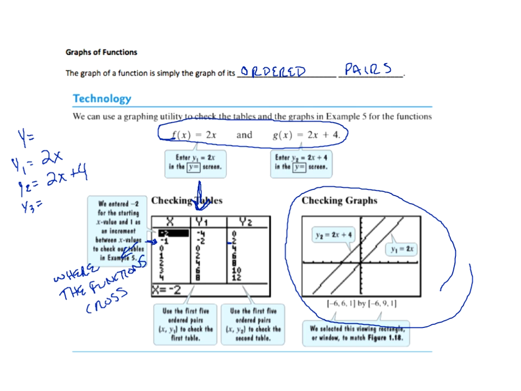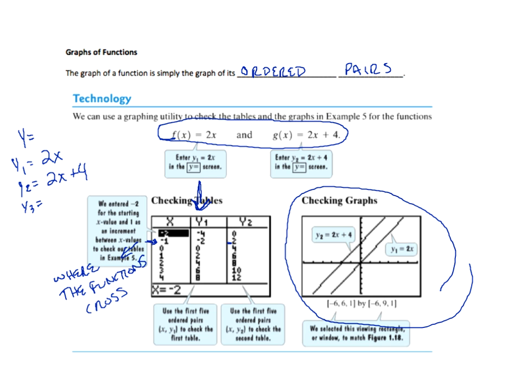You may be asked, what are the y-intercepts for each of these functions? Well, we talked about x and y-intercepts in our last lesson for section 1.1, and you figured out that every y-intercept has 0 as its x value.